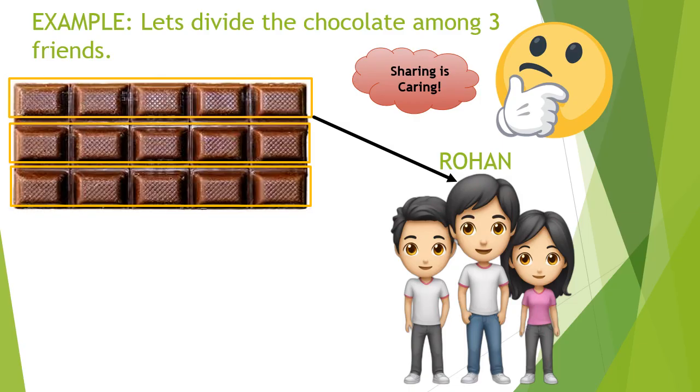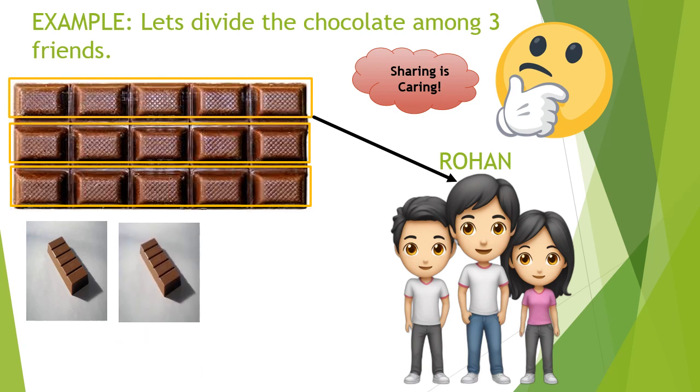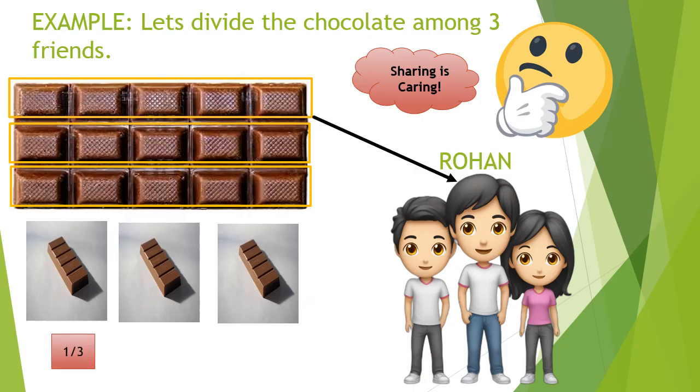Can we say this? Yes. So each of the friends here is getting 1 part out of the 3 parts which Rohan has made to divide the chocolate equally and share it equally among the 3, right? So 1/3 has been given to each one of them.